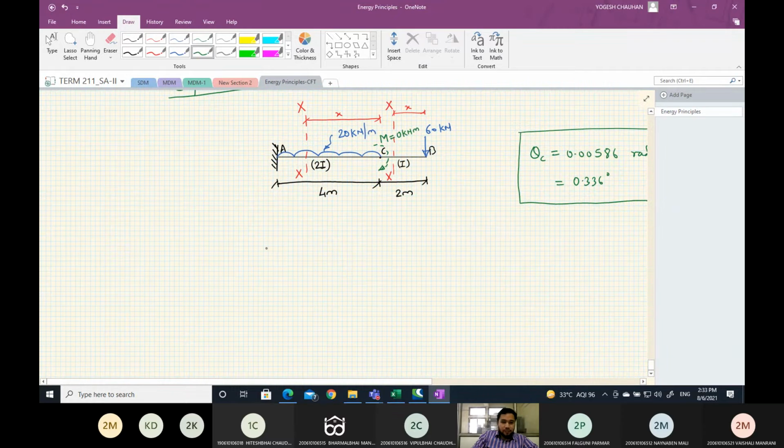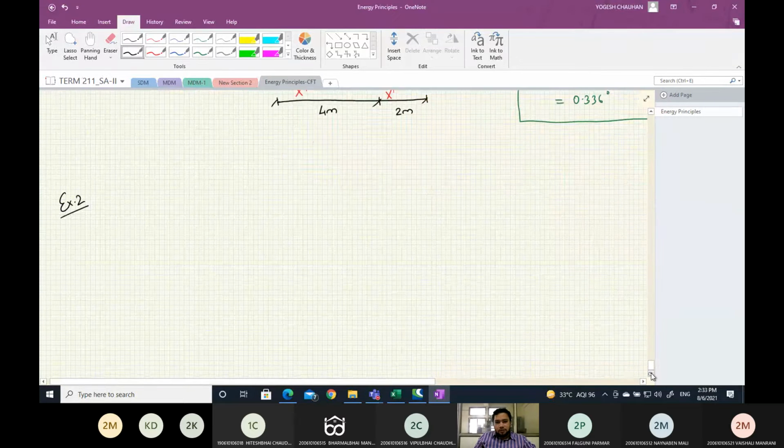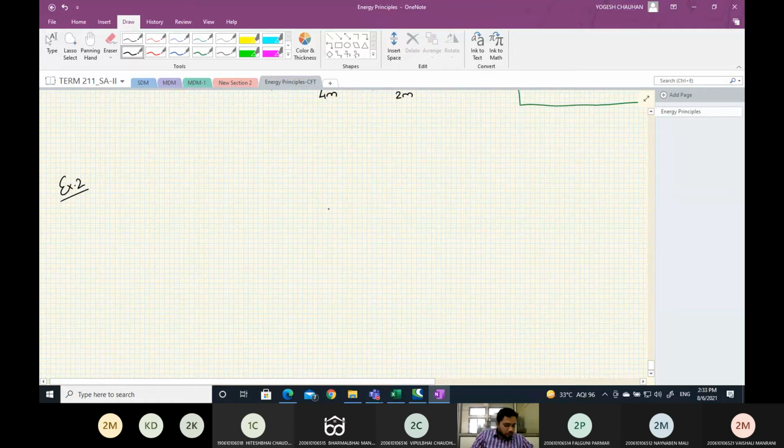Now we'll take another example. This time, instead of cantilever beam, we'll take an example of a simply supported beam.